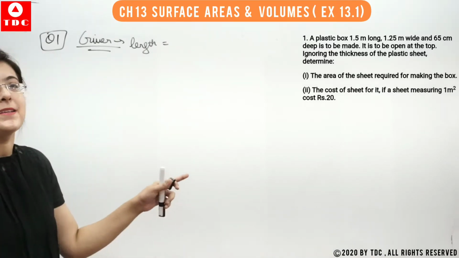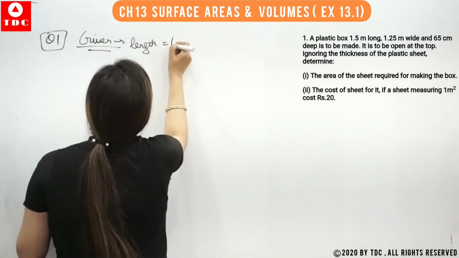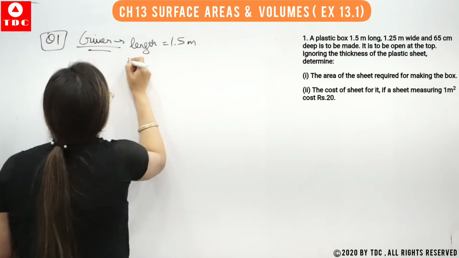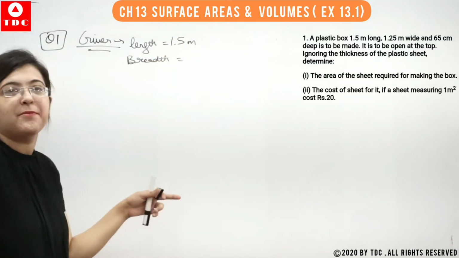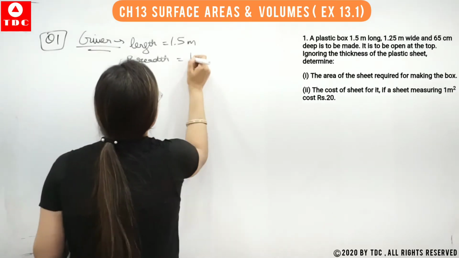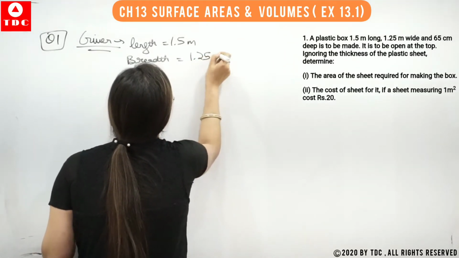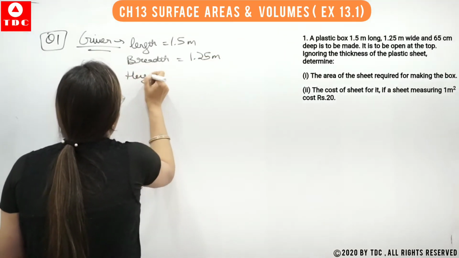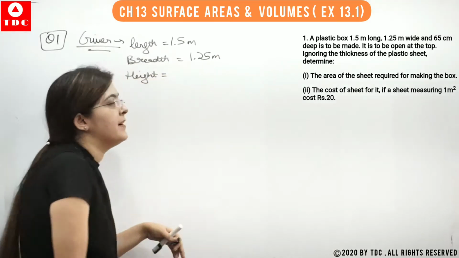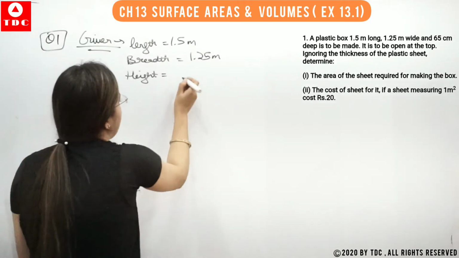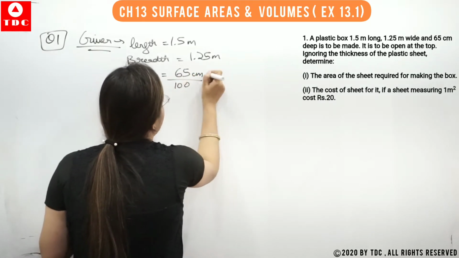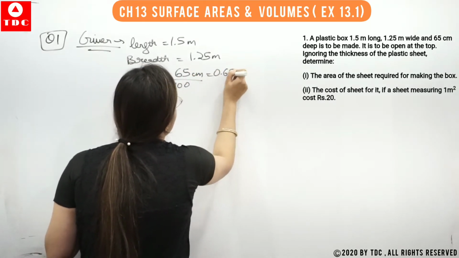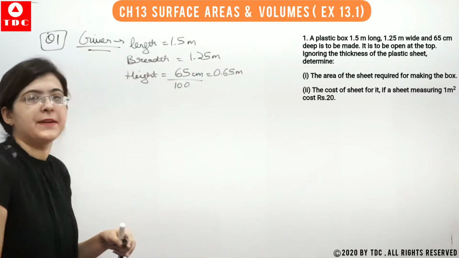Length is given as 1.5 meter. Breadth, that means the width, is given 1.25 meter. And the depth or the height is given 65 centimeter. So to convert it into meter, divide by 100, you will get 0.65 meter.